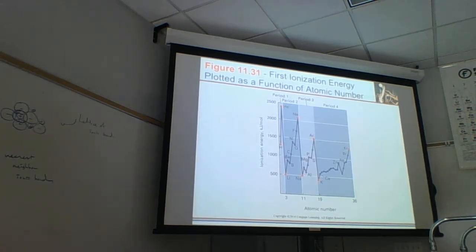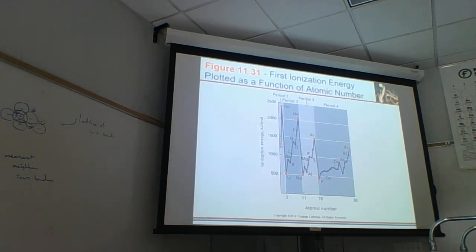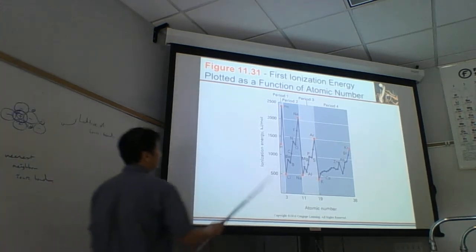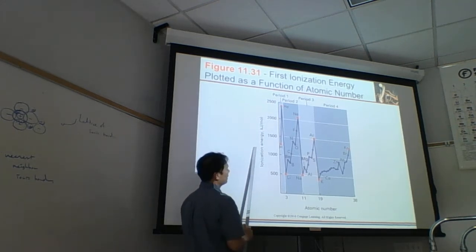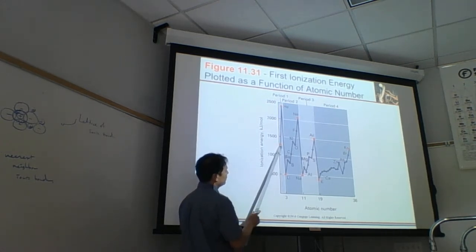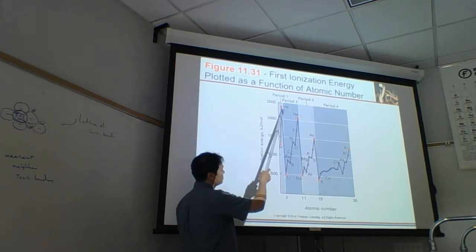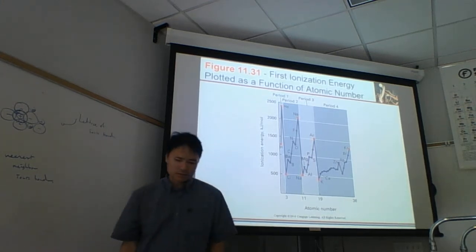Well, ionization energy goes by size, right? Helium's smaller, therefore has a higher ionization energy. So higher ionization energy means smaller. But maybe I shouldn't use this chart.